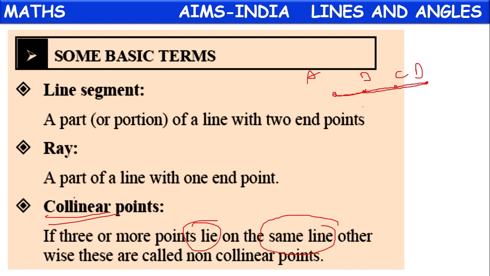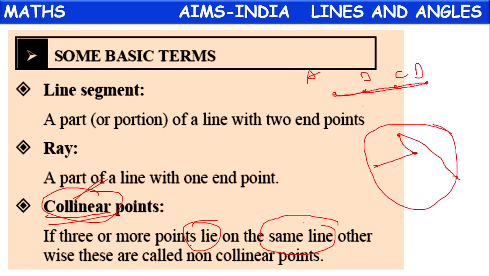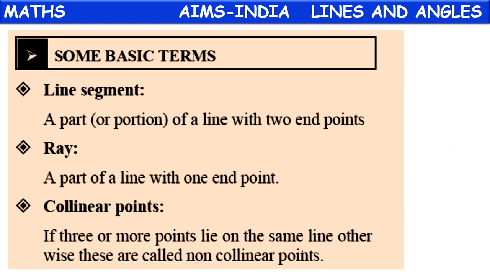Then they are said to be collinear, meaning lying on the same line. If they are not lying on the same line, like this, A, B, C, D lying on different lines, then they are said to be non-collinear points.